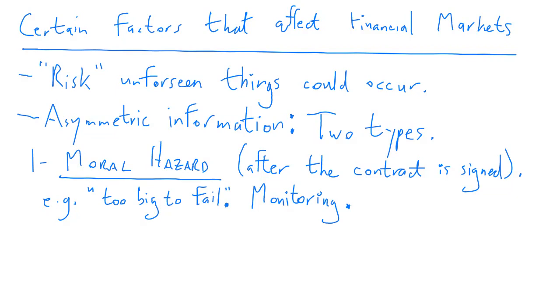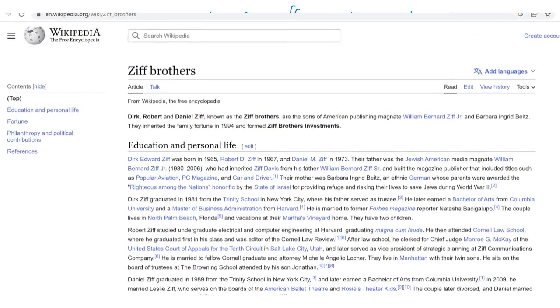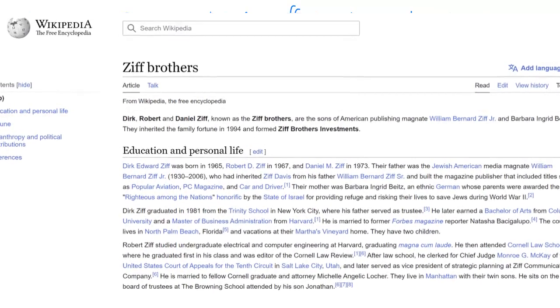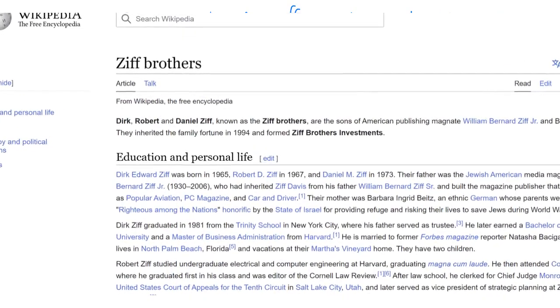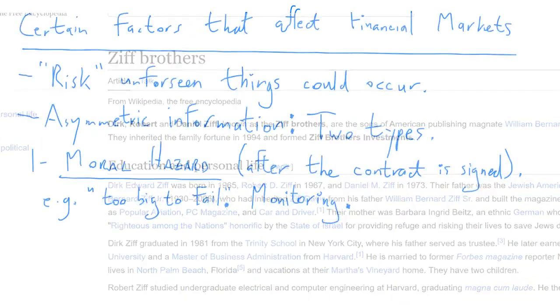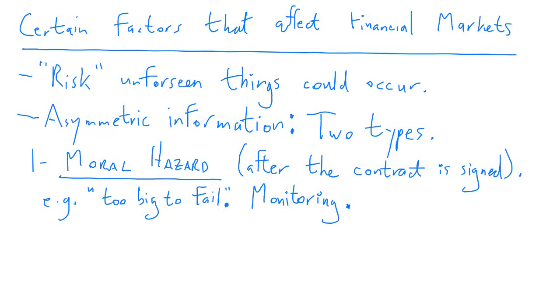But hedge funds usually have a very small number of very, very wealthy clients. A friend of mine who I went to university with, for example, went to work for a company called Zip Brothers. Zip Brothers is a hedge fund that manages the money that belongs to the two Zip brothers. Although it has a lot of money, it actually belongs to only a couple of people.